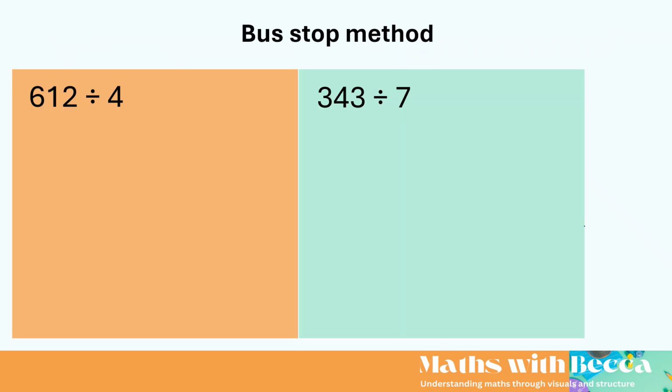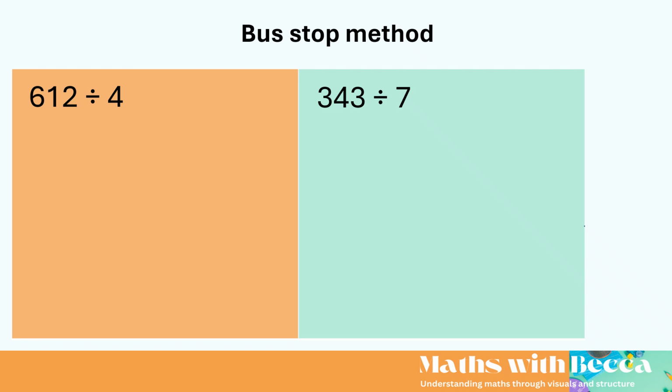So the next thing we're going to look at is a strategy called the bus stop method, which you might remember from school. It's a really good strategy for short division, especially when you're dividing by a single digit number like we have here. So one way we could think of this first question, 612 divided by 4, is how many groups of 4 go into 612?